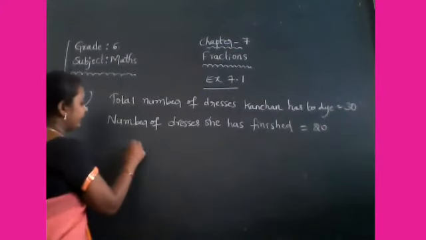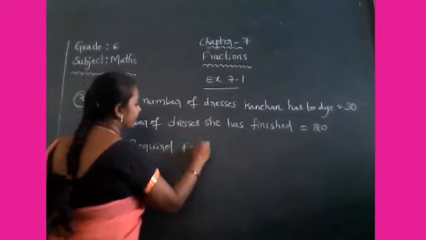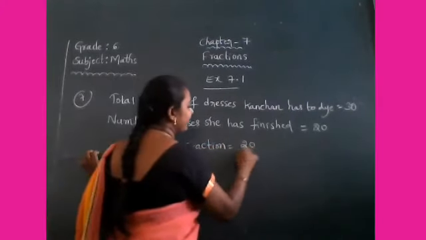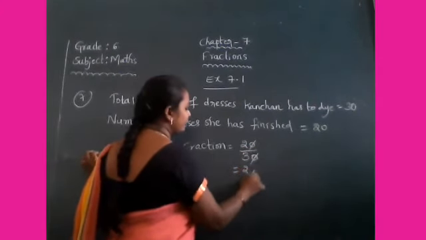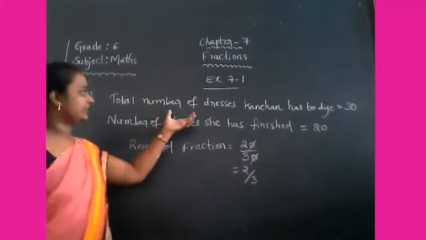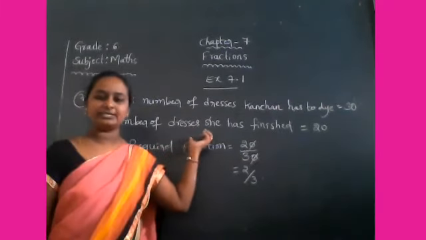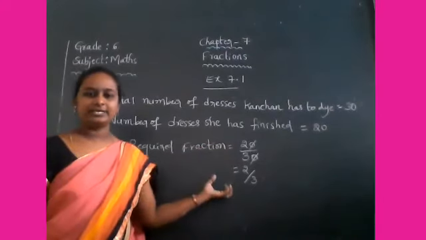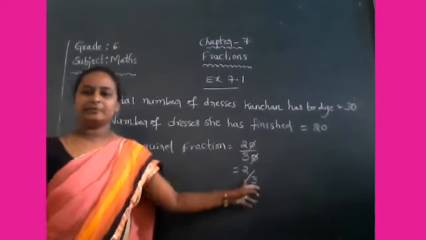So our required fraction is 20 by 30. Here 0 cancels, so 2 by 3 is the required fraction. She has to dye 30 dresses and has finished 20, so the fraction is 20 by 30. After simplifying, we got 2 by 3.